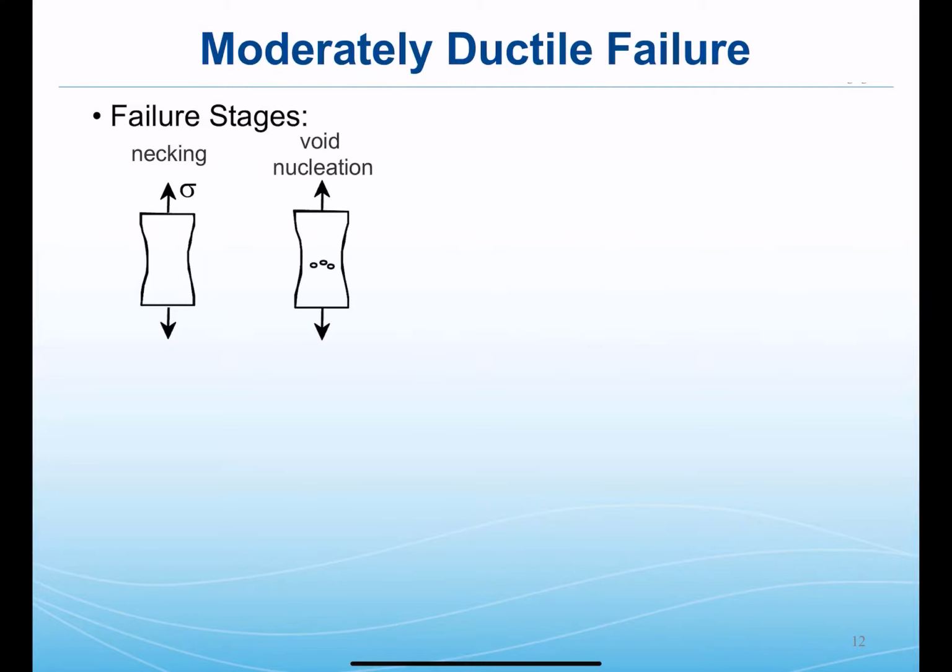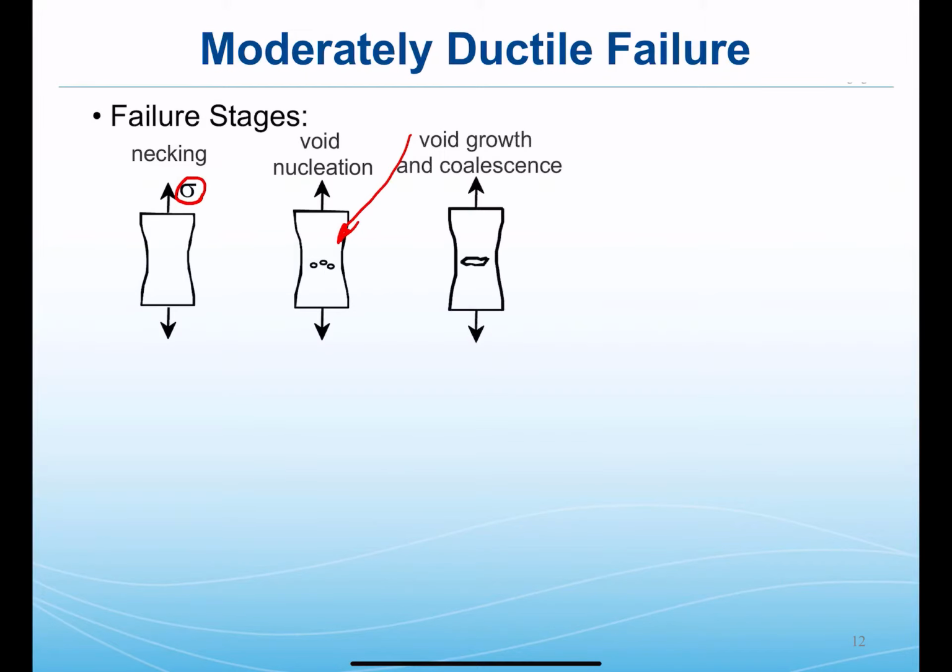So here, shown in the middle of the gauge portion where necking is occurring, we see voids nucleated. So 3 little void spaces have nucleated as the applied stress increases. Ultimately, these voids will coalesce and come together to give us an internal feature, a coalesced void.